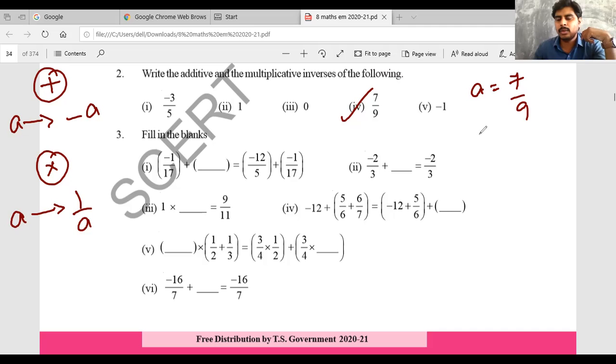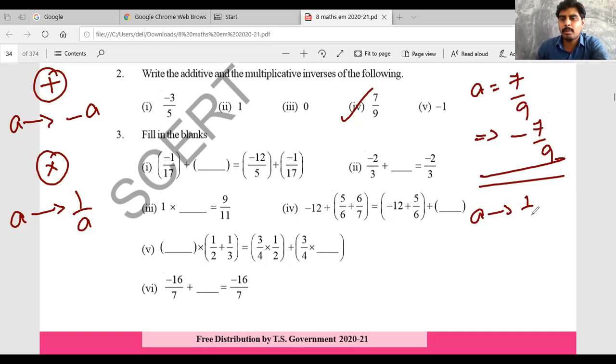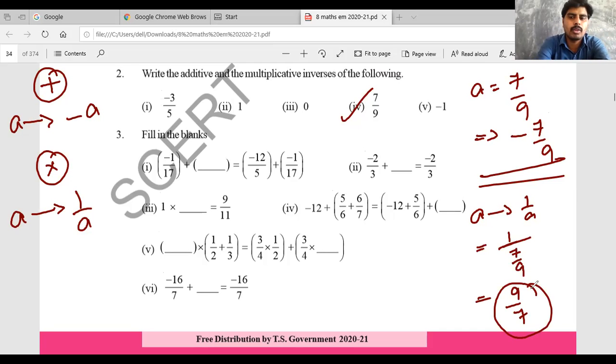So in addition, minus 7 by 9 is the additive inverse of 7 by 9. Then what about multiplication? 1 by A, with A value 7 by 9, is nothing but 1 by 7 by 9, which is 9 by 7. The 9 goes to the numerator, so 9 by 7 is the answer. Okay?